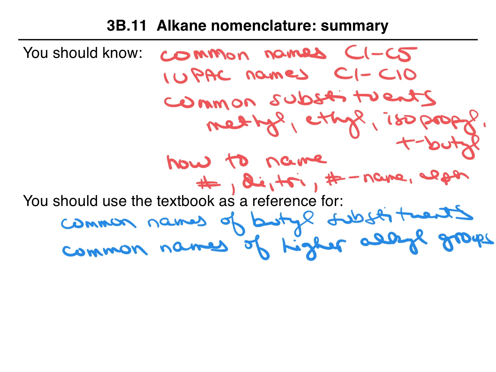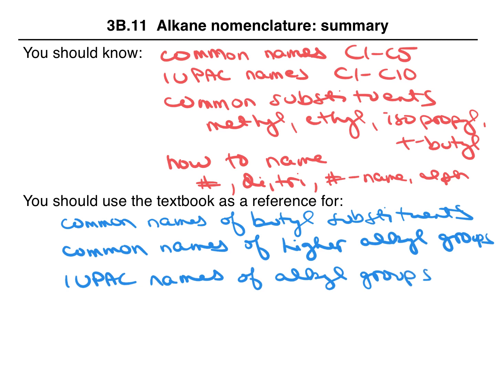And you can also use the textbook as a reference for the IUPAC names of the more complicated alkyl groups. So rather than using isopropyl, if you have the 1-methyl ethyl, rather than using T-butyl, you would use a textbook as a reference for 1,1-dimethyl ethyl. So this is just the starting point of learning about IUPAC naming. Throughout the year, we are going to add on rules for all the different families of organic compounds.